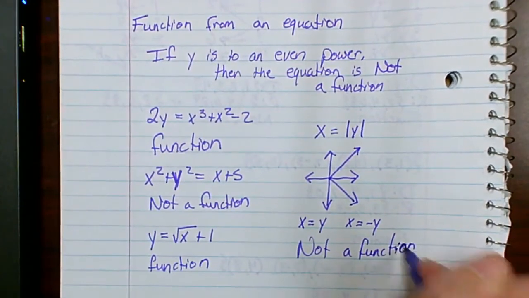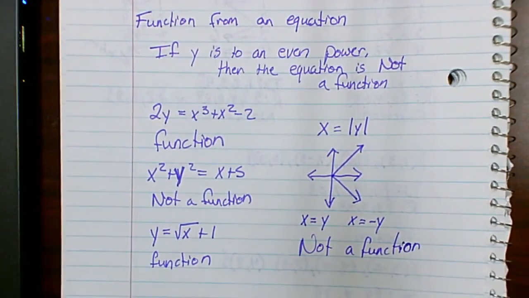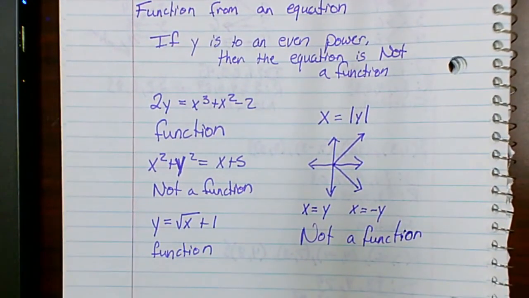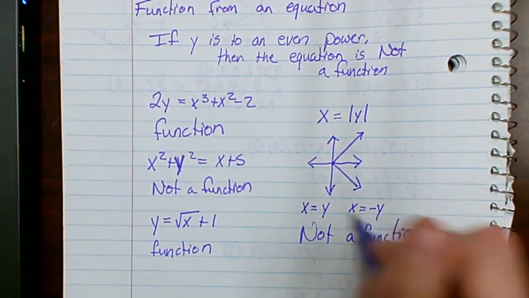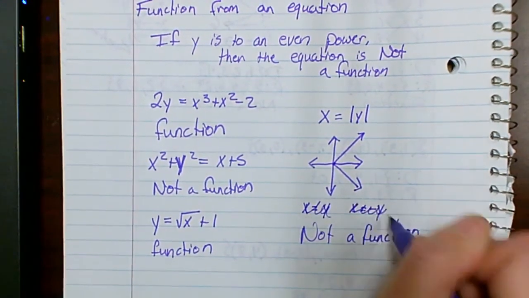Okay, so sometimes this one's like that, not most of the time type of equation. You just have to think, okay, how many y's can I get for an x? So in this case, x can equal a y and x can equal a negative y. No, I'm sorry, that is incorrect.